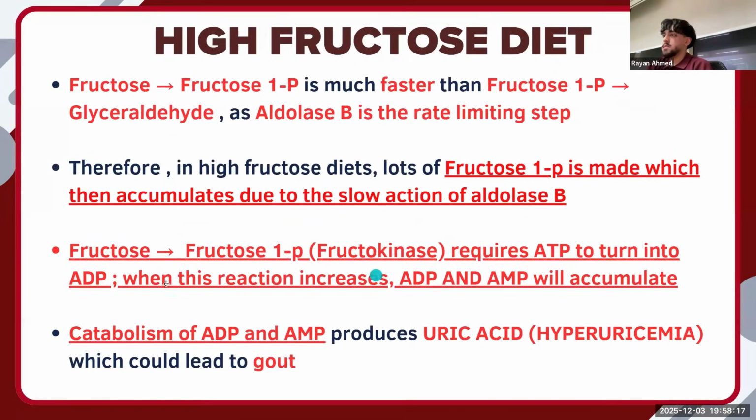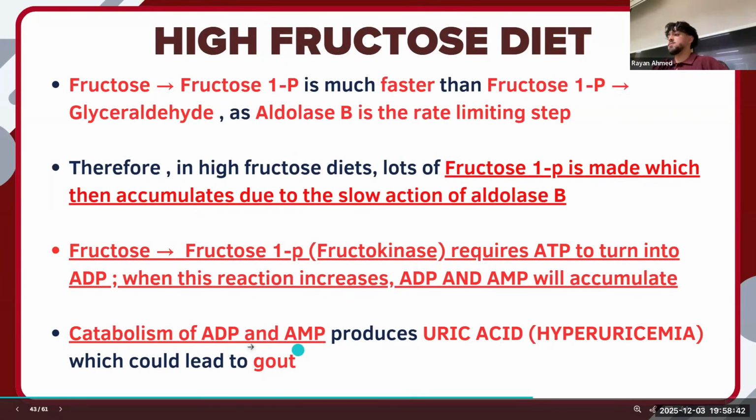When this reaction increases, ADP and AMP will accumulate, okay? When a lot of fructose 1-phosphate is being made, a lot of ADP and AMP is also being made. Now, when a lot of ADP and AMP accumulate, they tend to be broken down by metabolism, which produces uric acid, hyperuricemia, which could lead to gout.